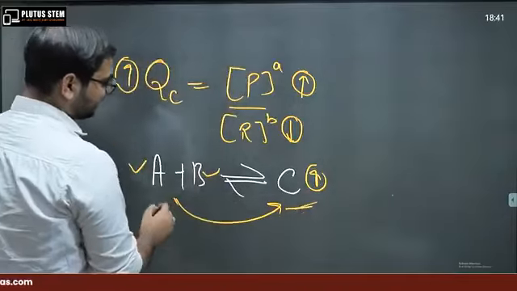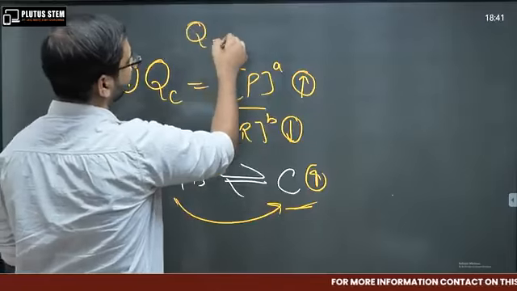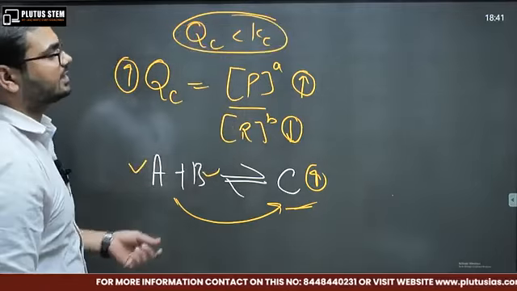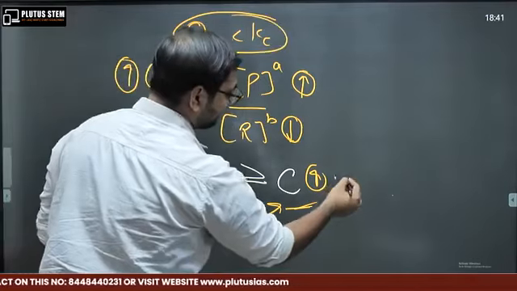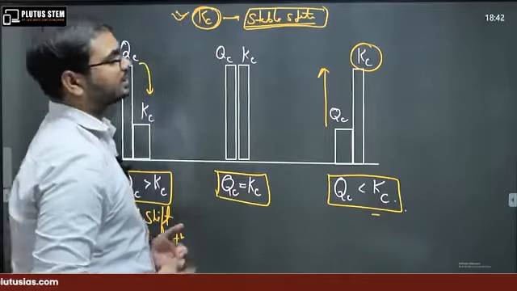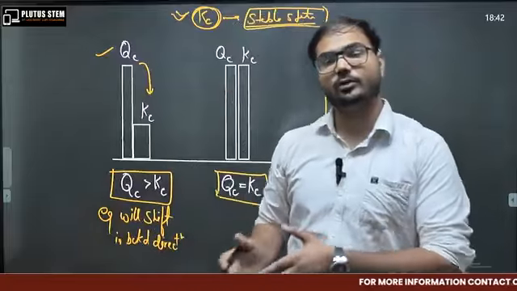So that means whenever QC has a lower value than Kc, I can judge that this reaction will go in the forward direction, and I will get more product in this reaction.